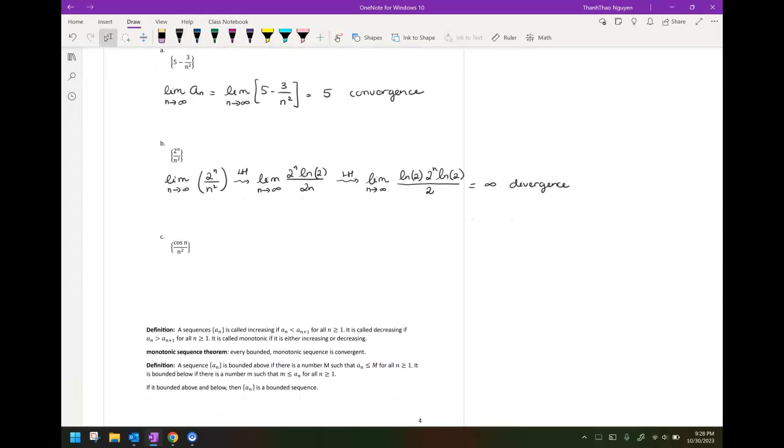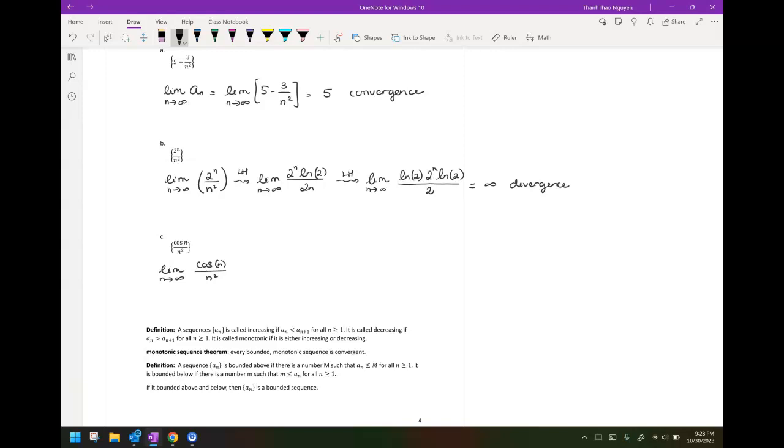So what if we have the cosine of n divided by n squared? Now, think about this. If I take the limit as n approaches infinity of cosine of n divided by n squared, we know that the value of cosine of n is bouncing between -1 and 1, and we have n squared.